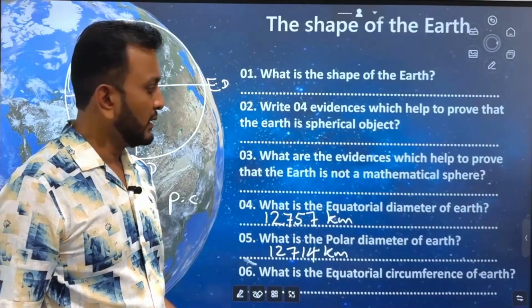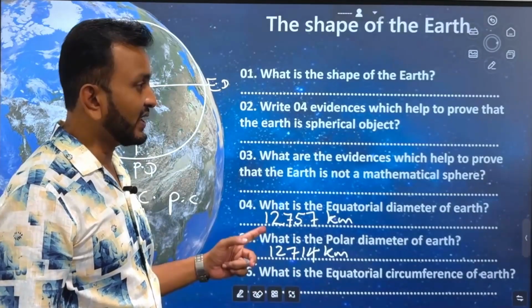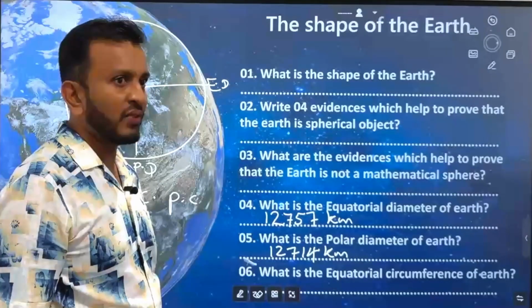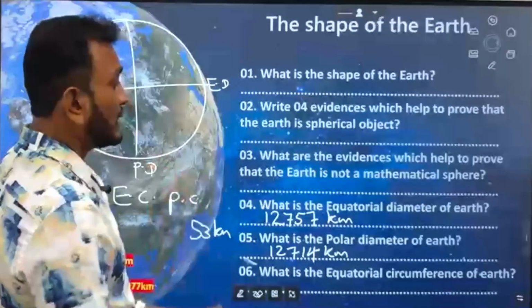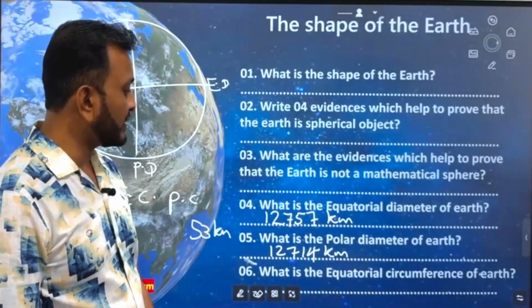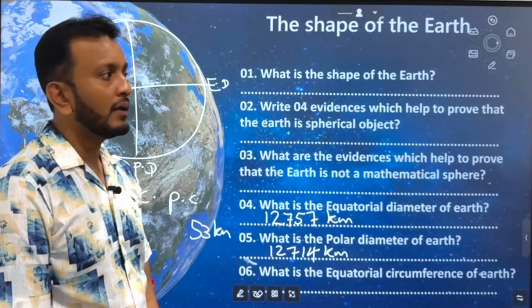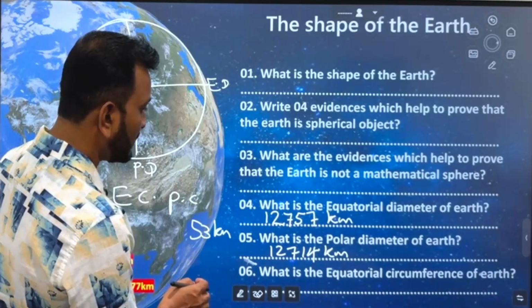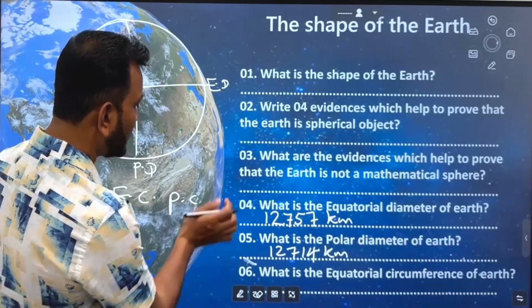The difference is 43 kilometers. That means the equatorial diameter is longer by 43 than the polar diameter.